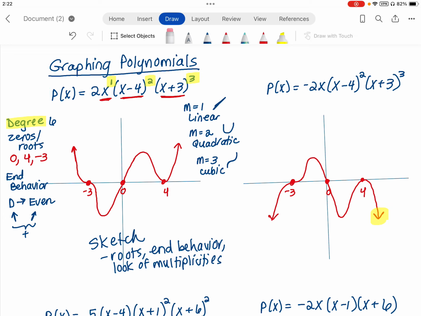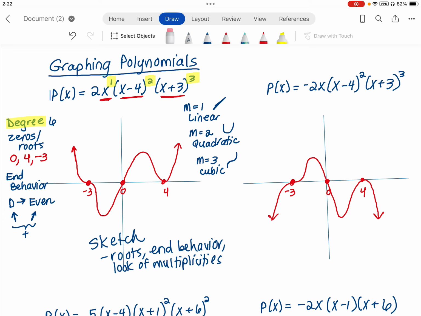So just remember that if your degree is even and you have a positive leading coefficient, that's going to be an up, okay, on both ends. But then if your leading coefficient is negative, it'll be down on both ends, okay?